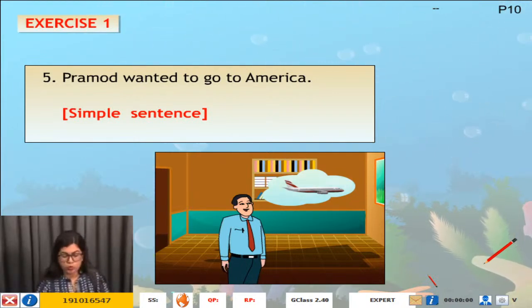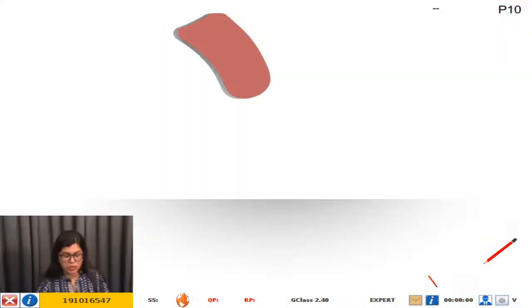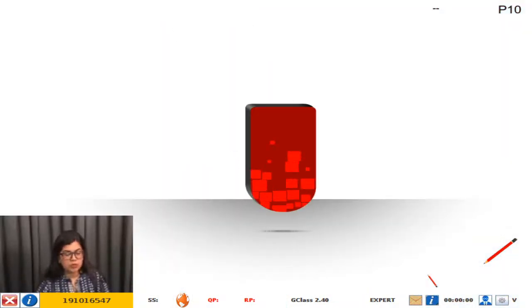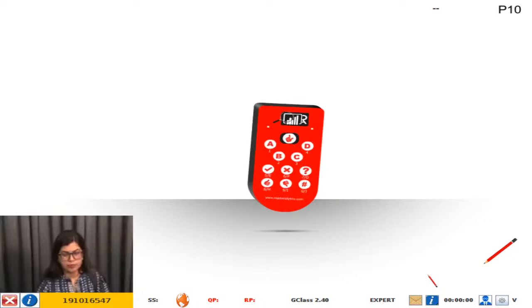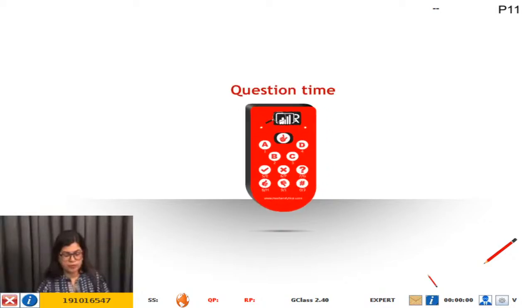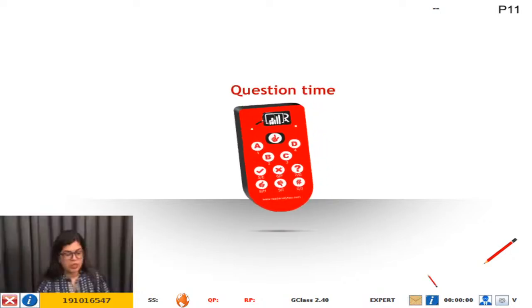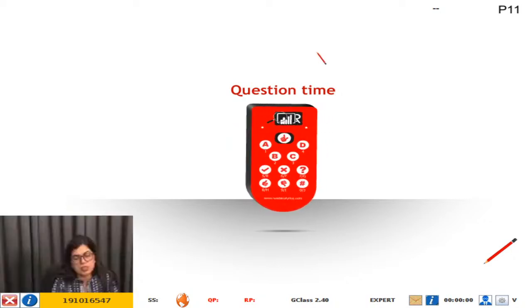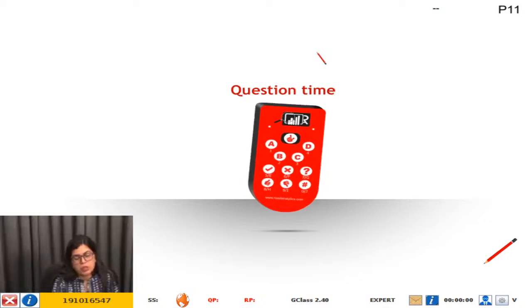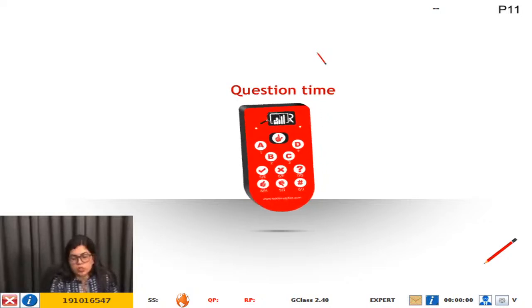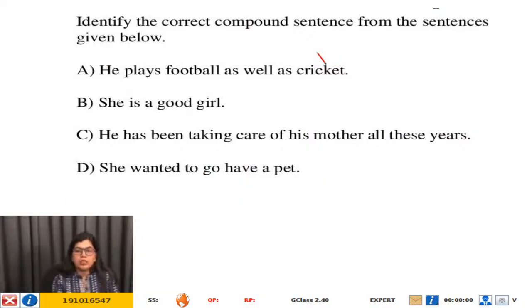We'll do some more questions, but before that, let us look at this question. Identify the correct compound sentence from the sentences given below. Please look at the questions properly and try to identify the correct compound sentence. I'll give you 30 seconds to answer this.